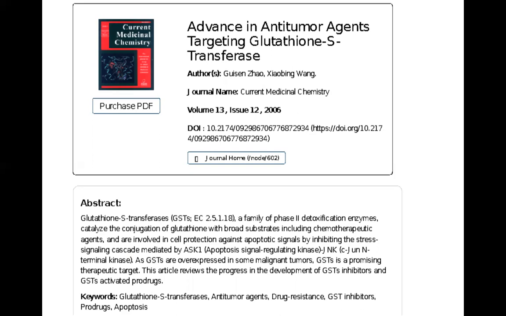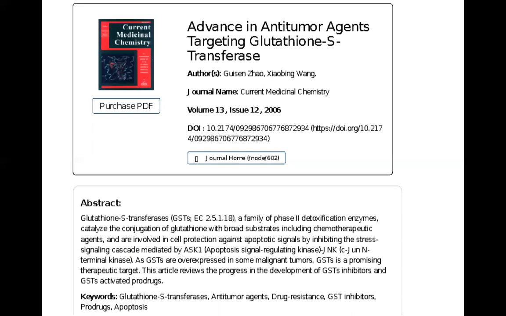So you can imagine that the GST enzyme is overproduced there. It means the excretion of xenobiotics will also be multiplied. So whenever cancer patients receive chemotherapy, the cells will excrete the chemotherapeutic drugs also in huge amounts.